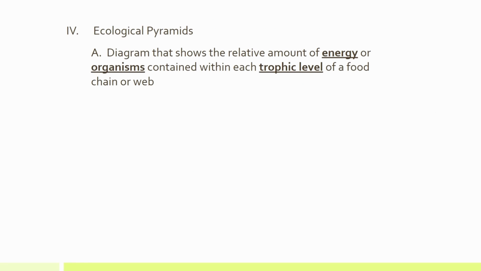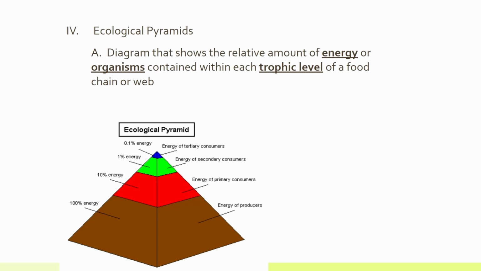So let's also now take a look at ways of organizing this information. We'll look first at ecological pyramids. These are diagrams that show the relative amount of energy or the organisms contained within each trophic level of a food chain or web. So here is an ecological pyramid.